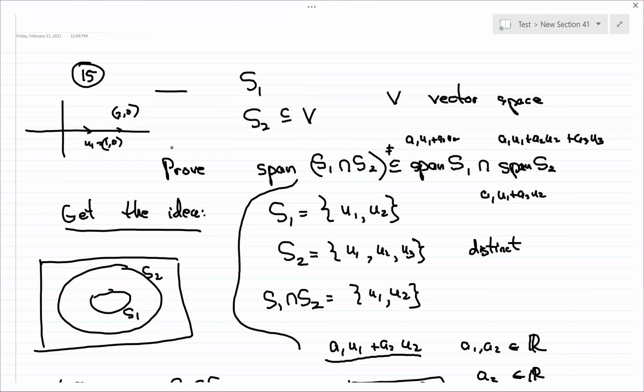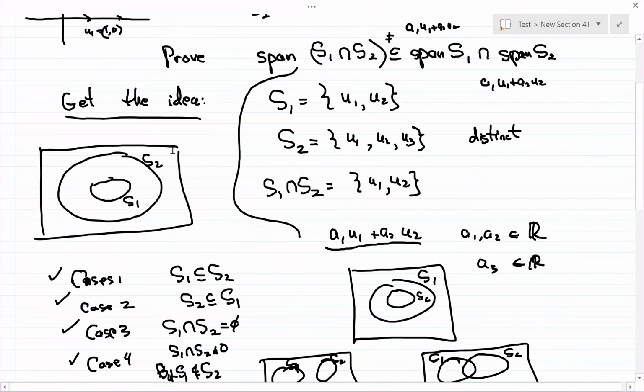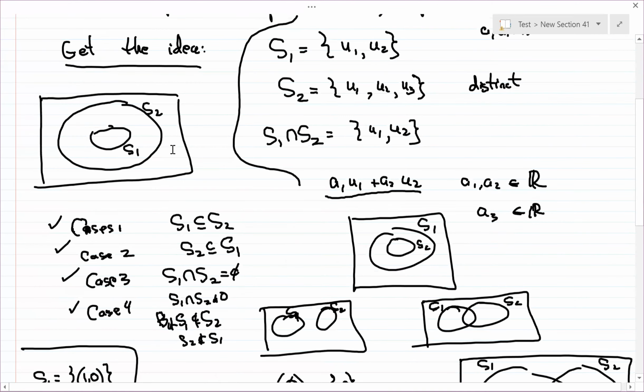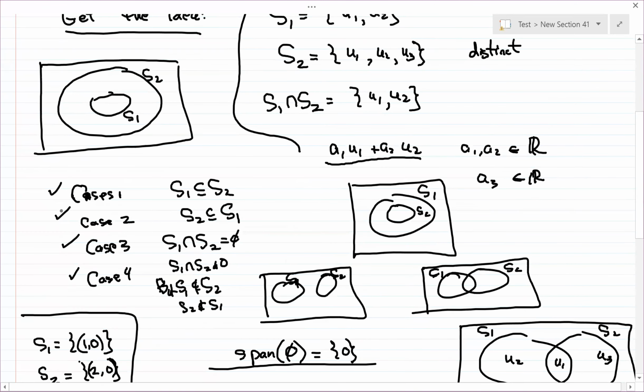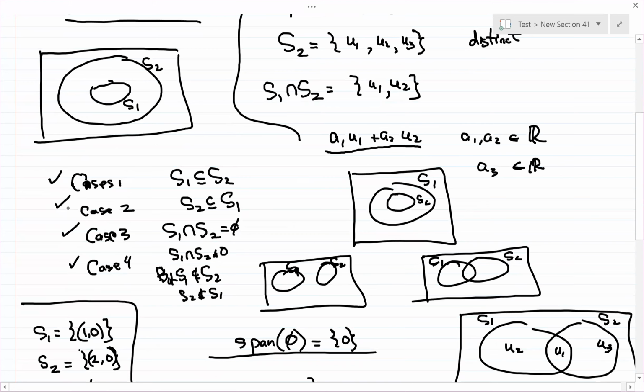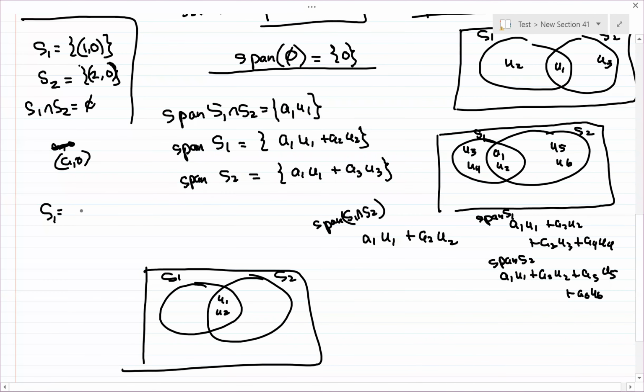It's a proper subspace. And an example of when they're equal, I think that's easier. If S1 and S2 are the same set, these are simple examples, but suppose S1 just had 1, 0 in it.